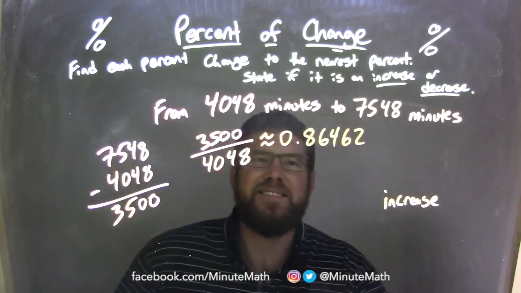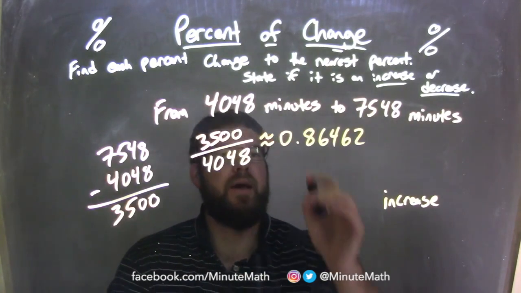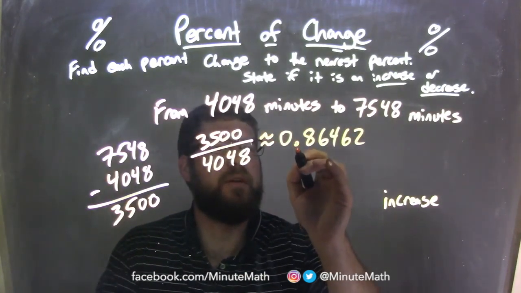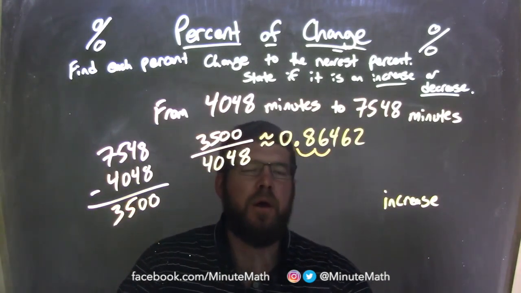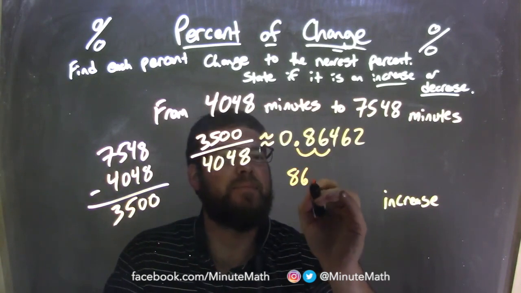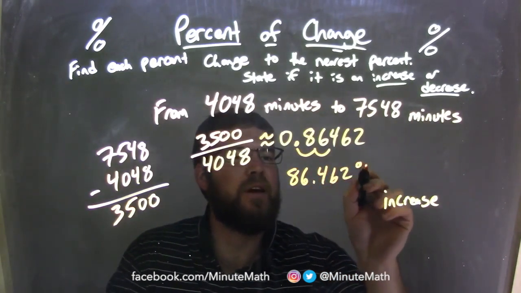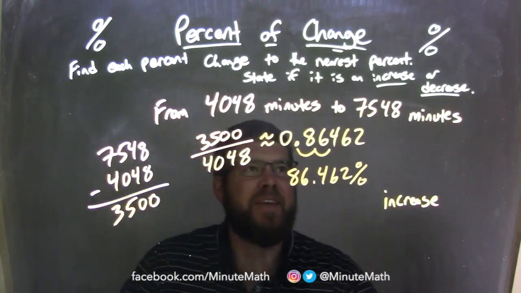So we have approximately 0.86462. I'm going to convert that to be a percent. So I take that decimal and I move it to the right 2 units. 1, 2. So we have 86.462%. I'm going to rewrite that to be rounded to the nearest percent, right?